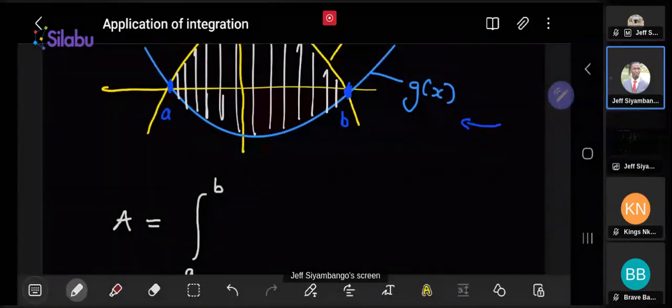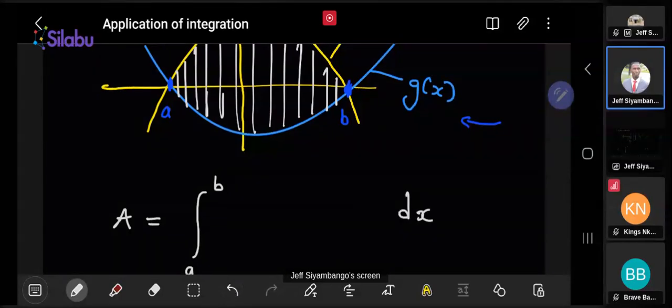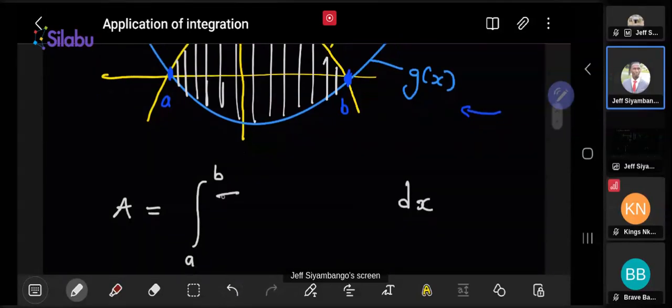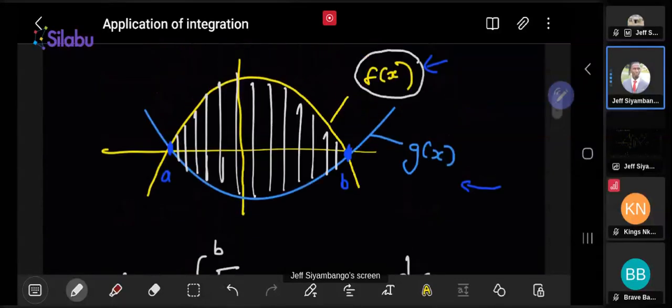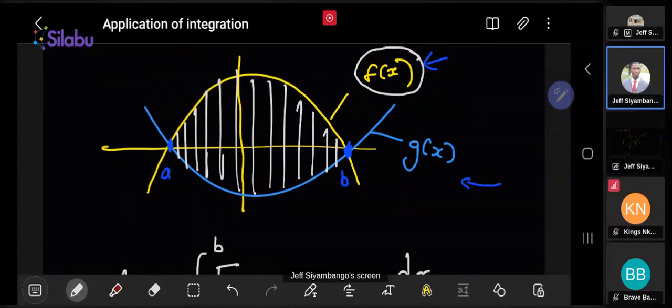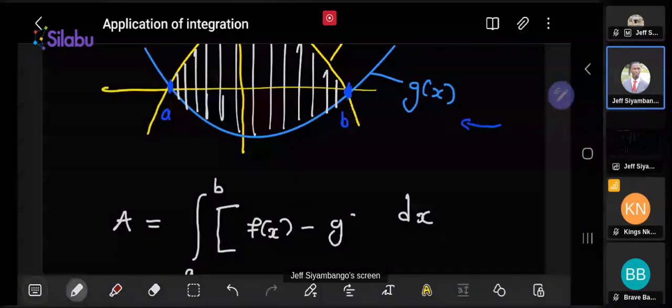Because these are intervals on the x-axis, we are going to integrate with respect to x. Then we start with the one that is on top. Here, clearly, f of x is greater than g of x. Because of that, this is going to be f of x on top minus g of x down.